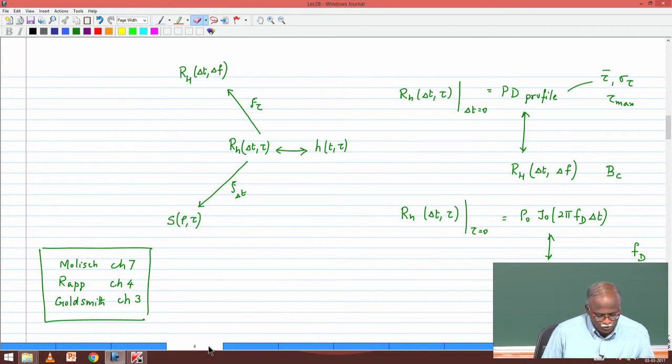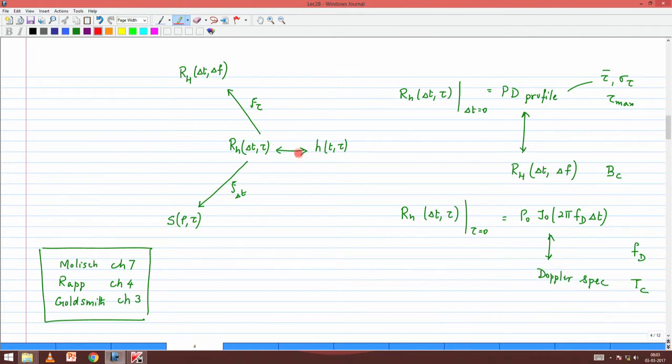lecture was to characterize that, starting from the time varying impulse response, you could then obtain an autocorrelation function which has got both delta t and tau variations. If I set delta t to be equal to 0, then I can do a Fourier transform. So basically, let me just highlight that.